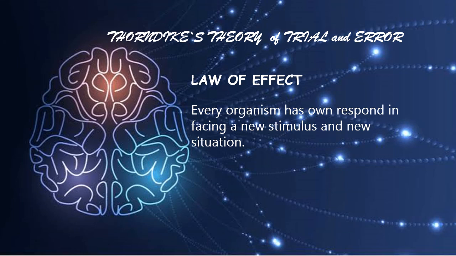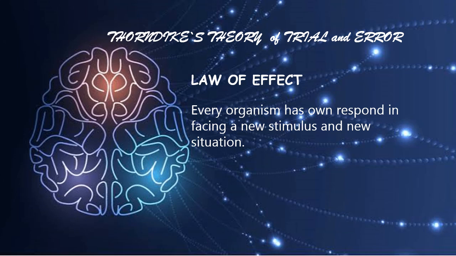Thorndike believes that the process of animal learning is the same as human learning, although the relation between situation and action of an animal is without understanding. Animals respond directly from what they observe mechanically.